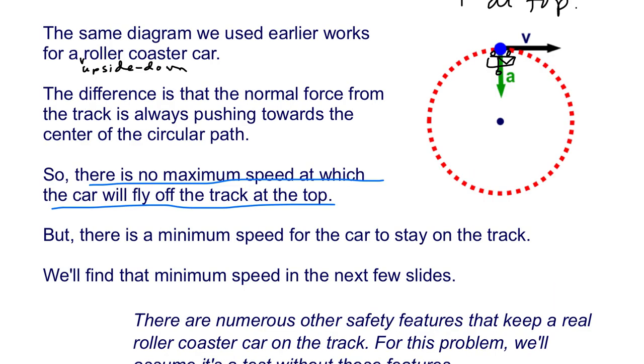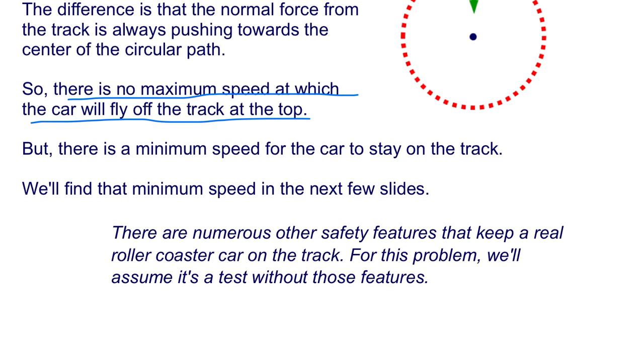Now, if you're in a roller coaster and you're upside down below the track, there are two forces acting on you if you're going fast enough. Let's draw a free body diagram. There's a roller coaster. You've got the weight of the cart pointing down.